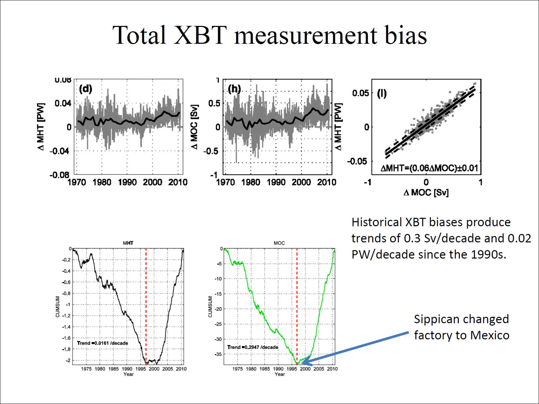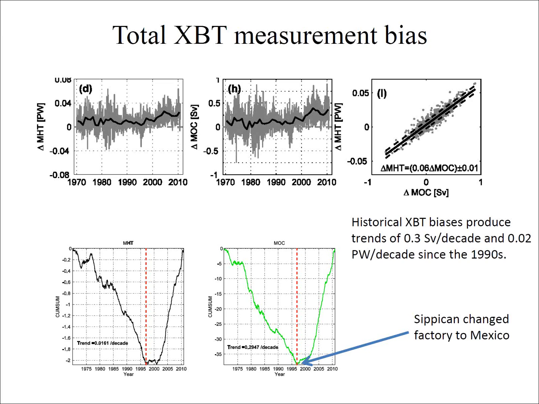This regression here between AMOC and heat transport. And because this is very noisy here, since they give a mean and a standard error estimate of the error, when we simulate that, we have a highly noisy variability.